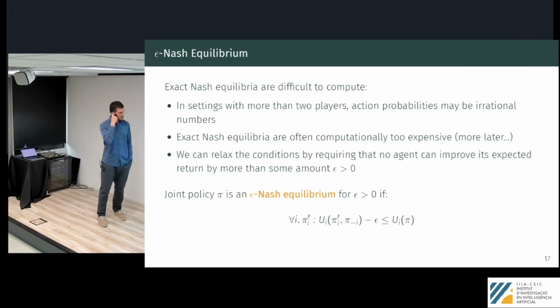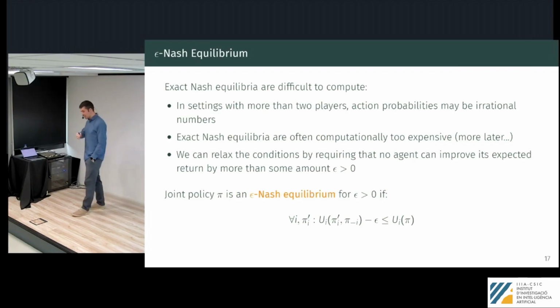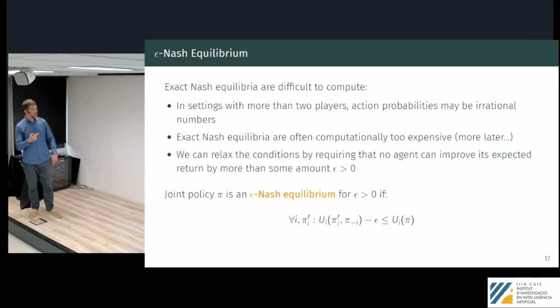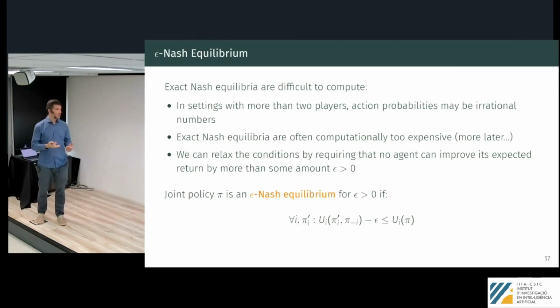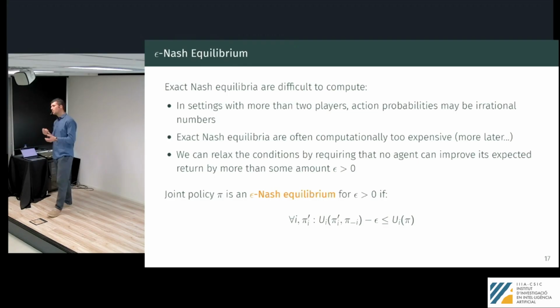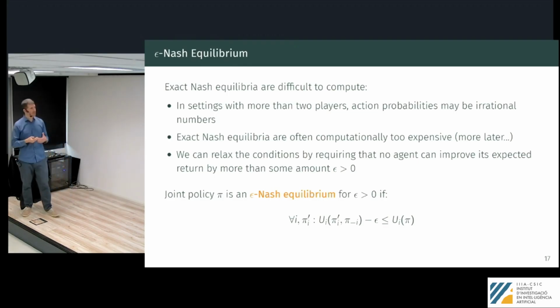So more interestingly, let's climb further up this ladder of solution concepts. We've talked about Minimax for 2-agent zero-sum games. We've talked about Nash equilibrium, which is for n agents, more than 2, and for general sum, doesn't have to be zero-sum. And now there's another relaxation, which is called the Epsilon-Nash equilibrium. And this is important because there are certain restrictions in a Nash equilibrium.